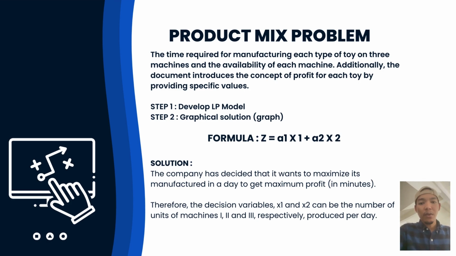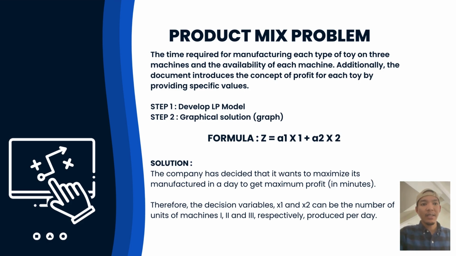Okay, the formula for this topic is Z equal to A1 x1 plus A2 x2. So the solution for this question is the company has decided that it wants to maximize its manufacture in a day to get maximum profit.